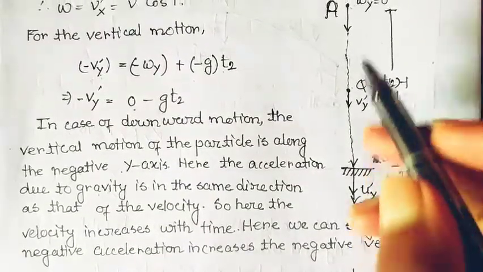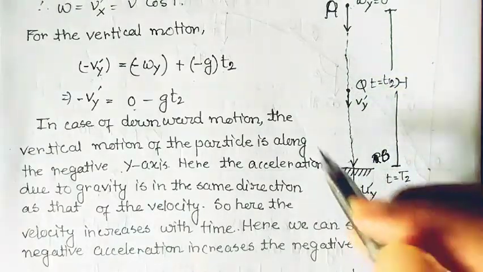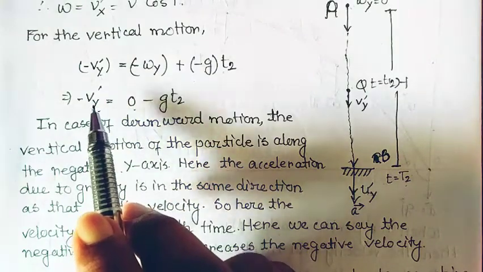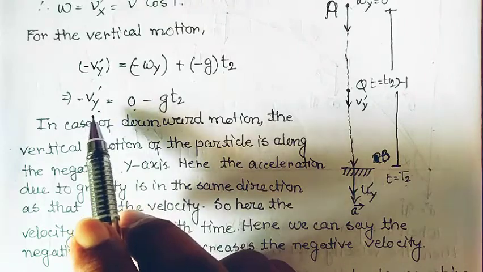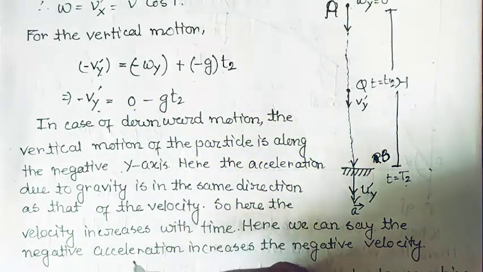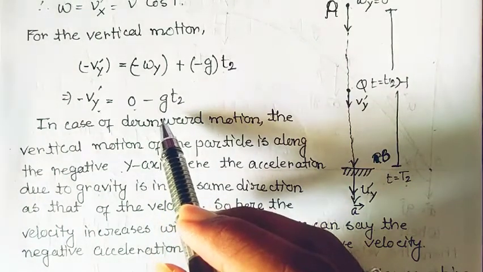Okay, one thing we have to say here, since it is a downward motion: as the particle moves along the negative y axis, the velocity is negative. The instantaneous velocity at any point on the trajectory, y component, obviously is negative, and the acceleration due to gravity, which is acting along the negative y axis, is also negative.